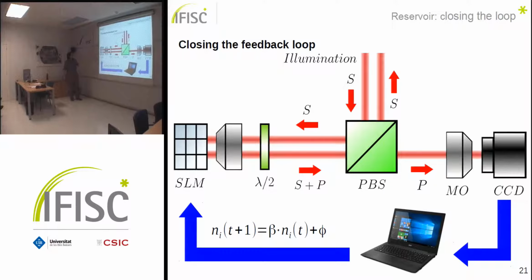So once we have implemented this, our nodes will have dynamics. And you can let this system run iteratively. Because this is not time continuous, the system is updated by the speed of the computer in this case, and I have to say that this speed is on the order of hertz. So we have to accept that it's a little slow compared to the gigahertz of a semiconductor laser.